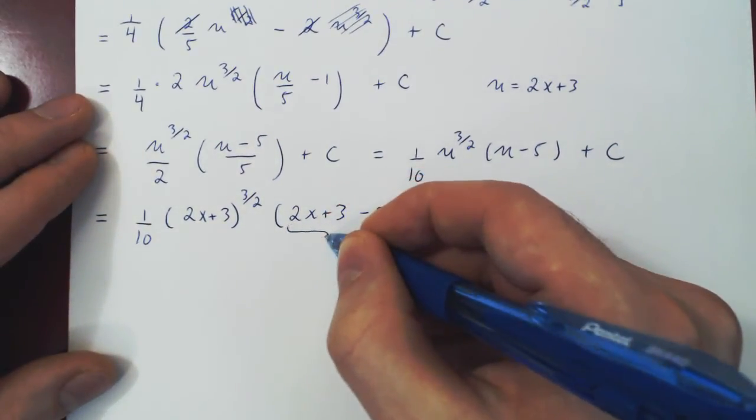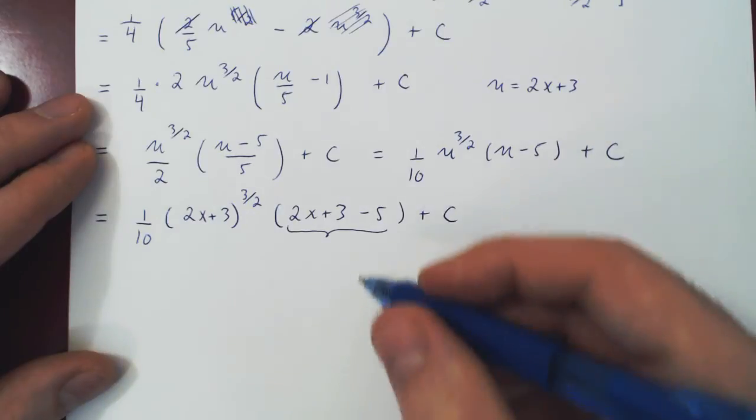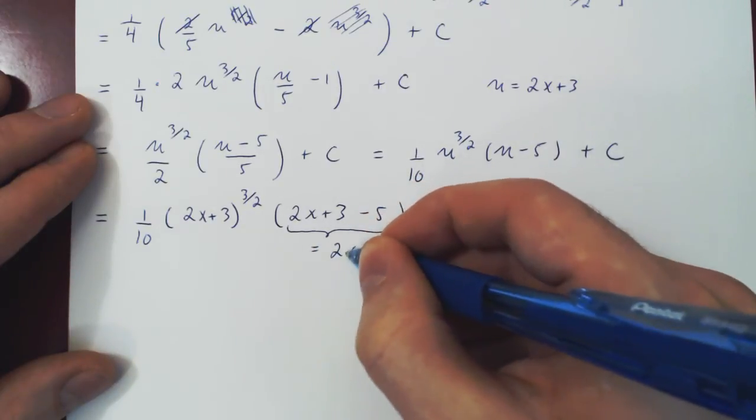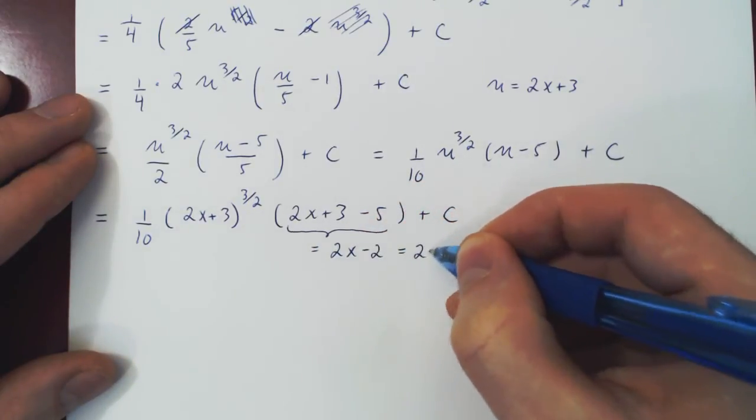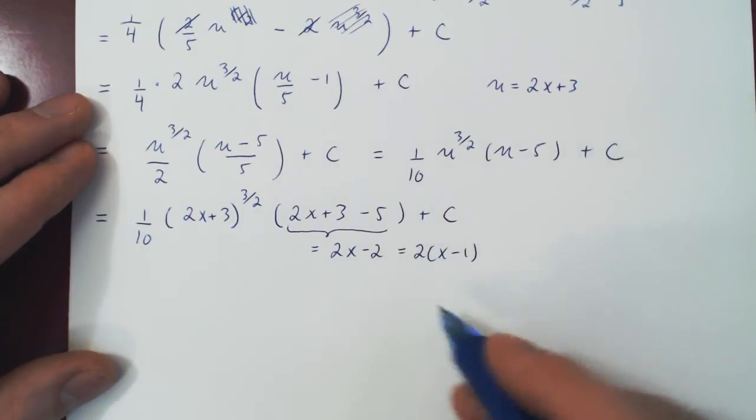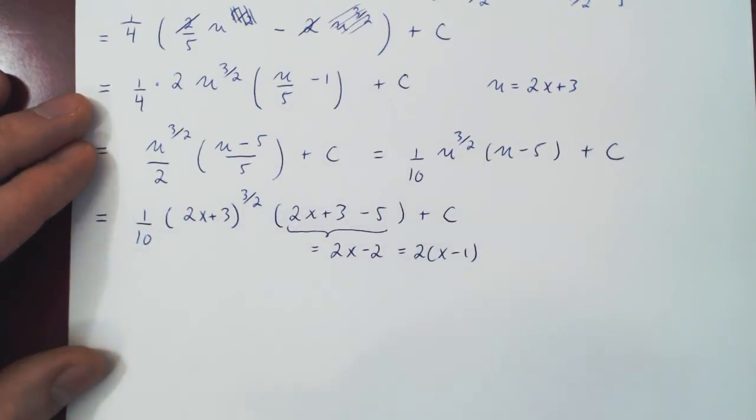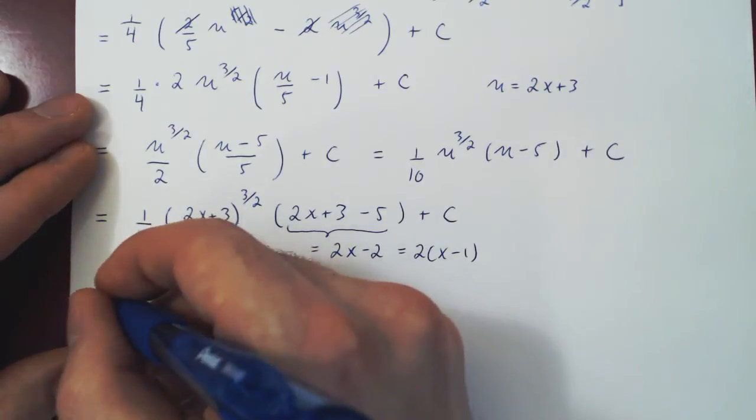Now we've replaced, we can simplify here a little bit. 3 minus 5 is negative 2, so we have 2x minus 2, which gives us, factoring 2, 2 times (x minus 1). So we can factor the 2 up front, and 2 over 10 is 1 over 5.